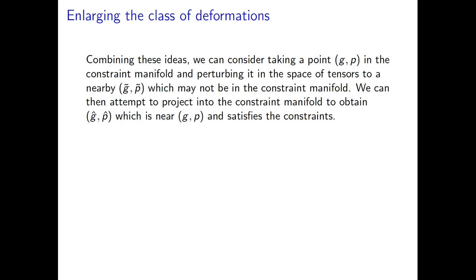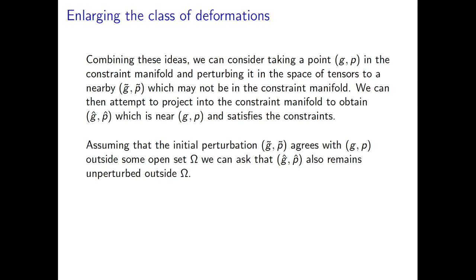So we can then combine those ideas. We can do a deformation, and we can project G tilde, P tilde into the constraint manifold, and we can integrate in that form.